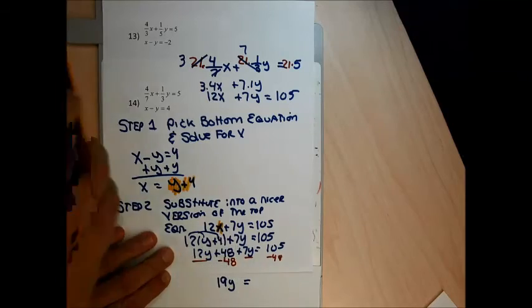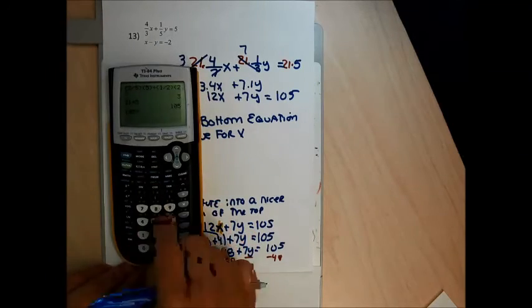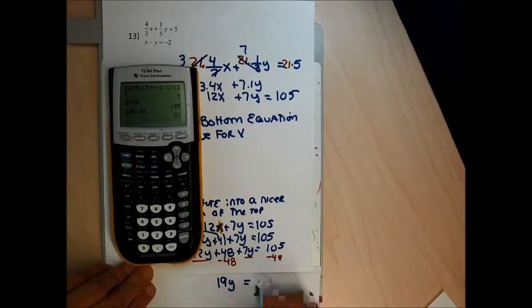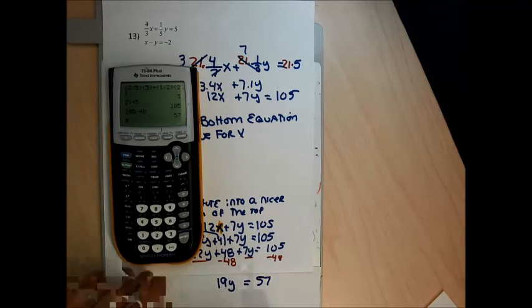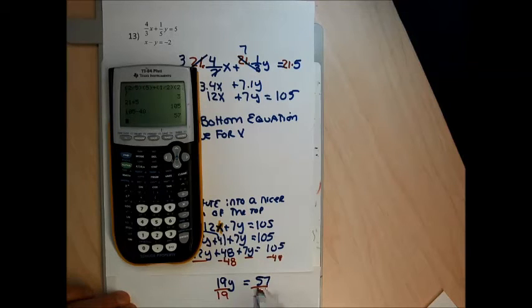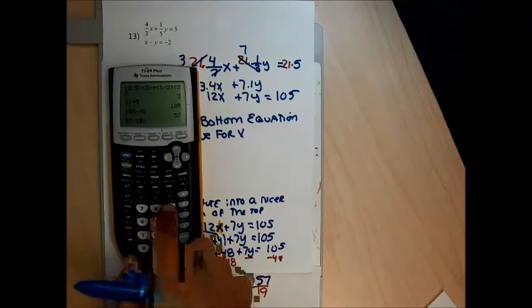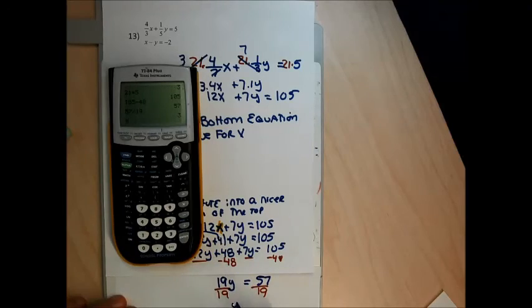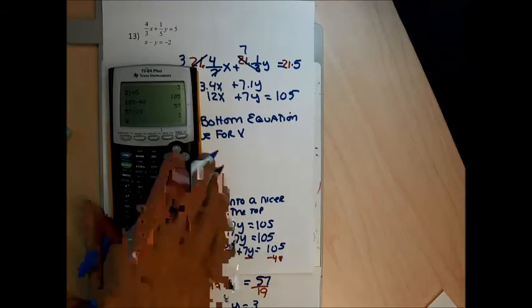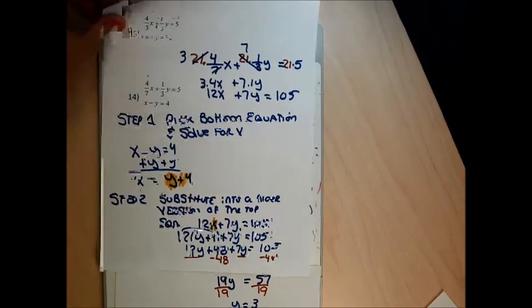And on the right side, I don't know how to do 105 minus 48, but it hardly matters. That's 57. And now I'm going to divide both sides by 19, and go 57 divided by 19 and get 3. Done with the second step.